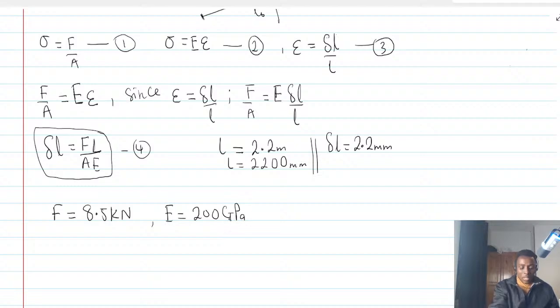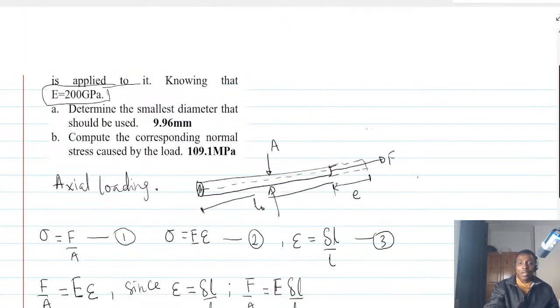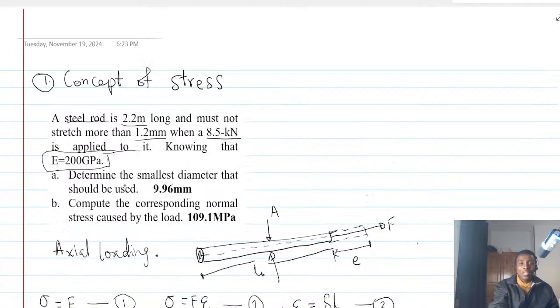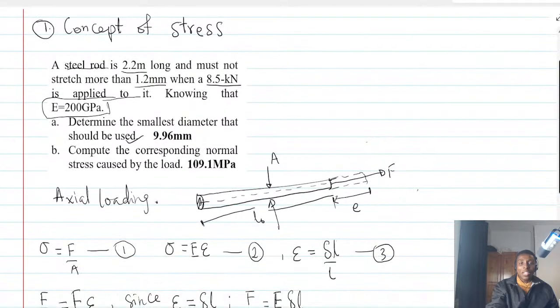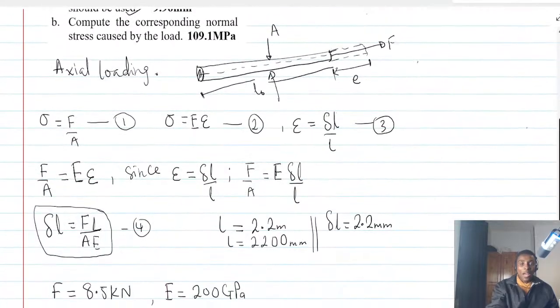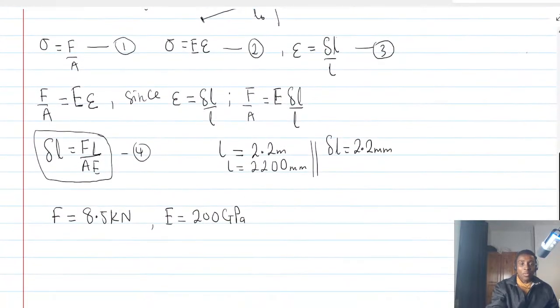Now watch this. Let's go back to the question. Number one, it says, determine the smallest diameter that should be used. Is that right? Okay, so if we are interested in diameter, then where can we get the diameter from?